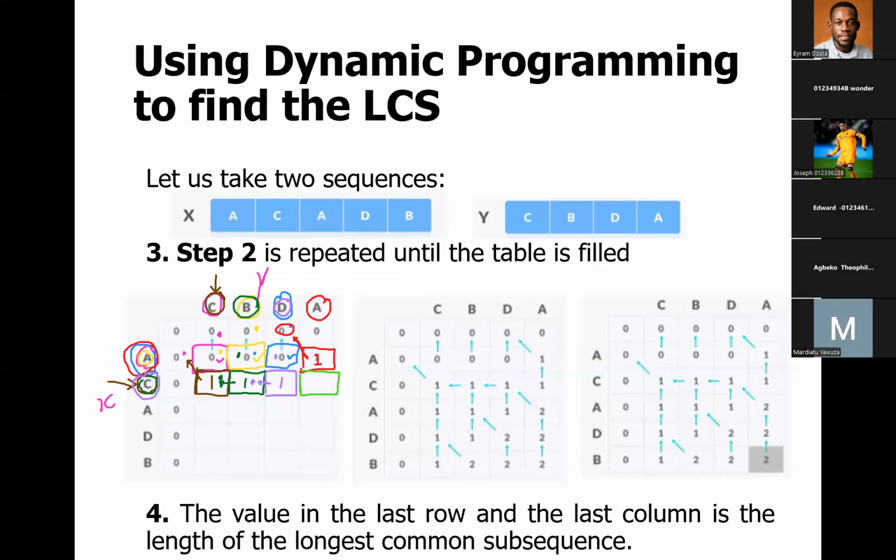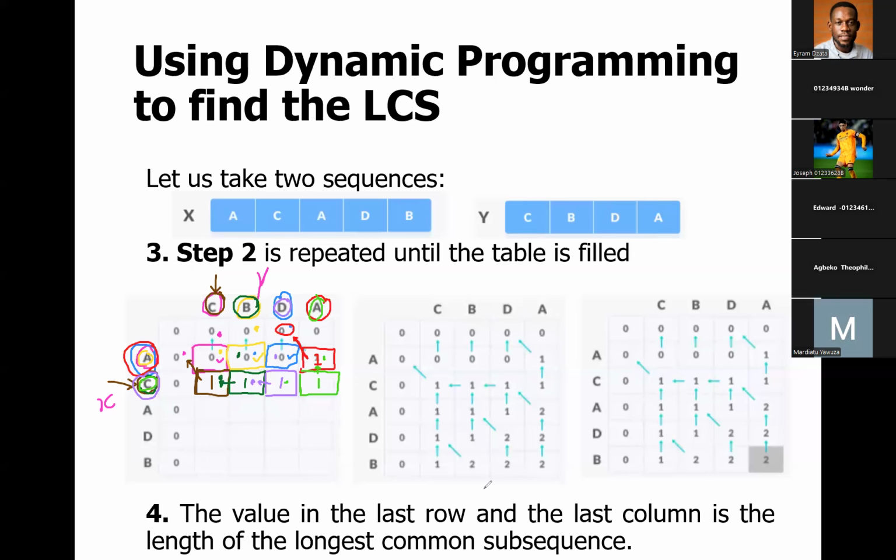So we come to the green cell. The green cell, we have C and what? A. C and A, are they the same? No, sir. If they are not the same, we look at this one here and the one on top of the cell. We compare and find the maximum. They are equal. So we have what? 1. So we can decide to move the arrow up, or we can also decide to move it to the left.